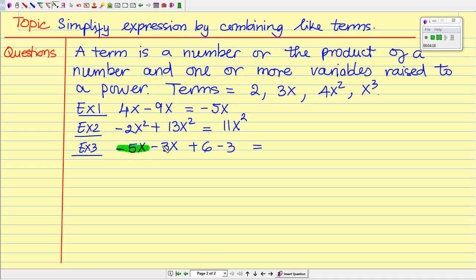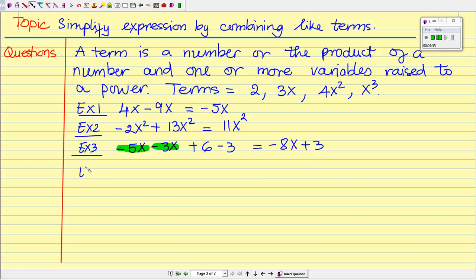These two terms are like terms because they have the same variable and the same power. In this case, the exponent is 1. So you can combine these two negative numbers, negative 5 plus negative 3, so it'll be negative 8, and then bring your variable along. Now you do the same thing with these two terms, they are like terms too, they are only constants or numbers. So 6 minus 3 is just positive 3.